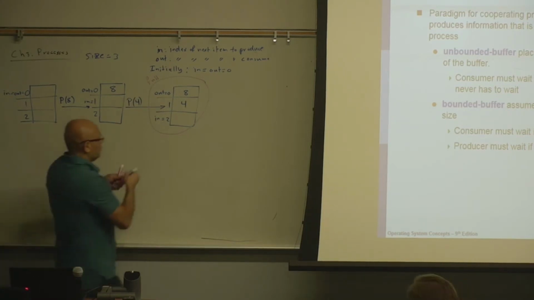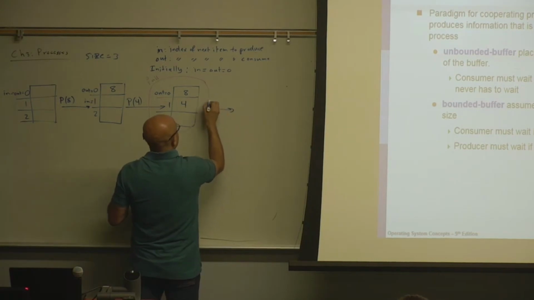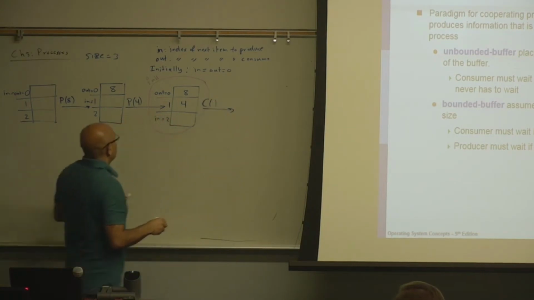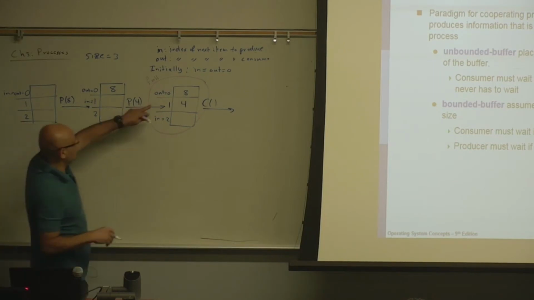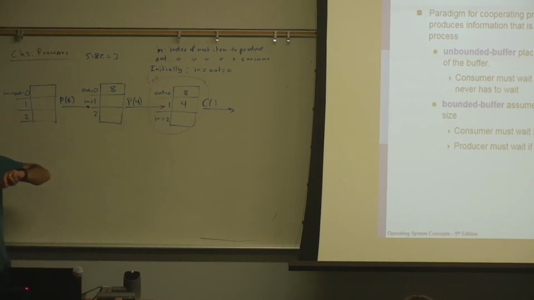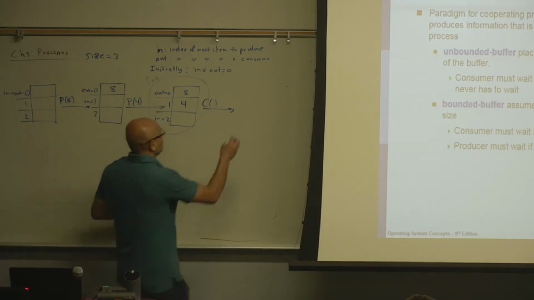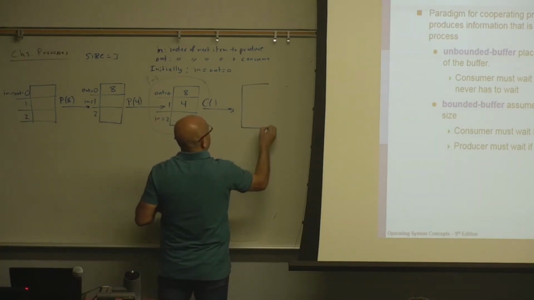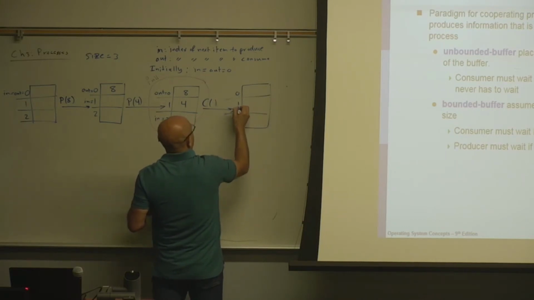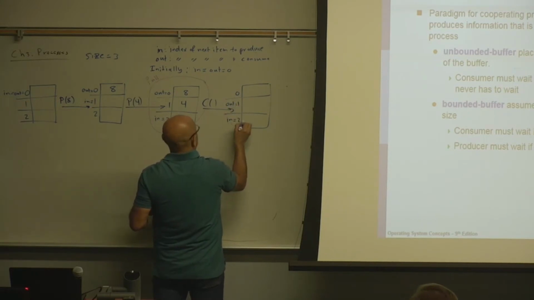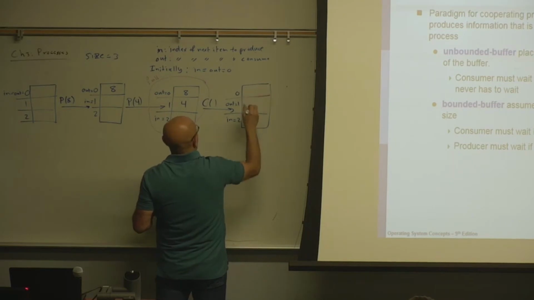Then what if the consumer consumes an item? The consumer does not take a parameter, because it will always consume the item at index out. So whatever item we have at index out, that's going to be the item to get consumed. So now out equals 1, and in equals 2, and 8 is no longer there.